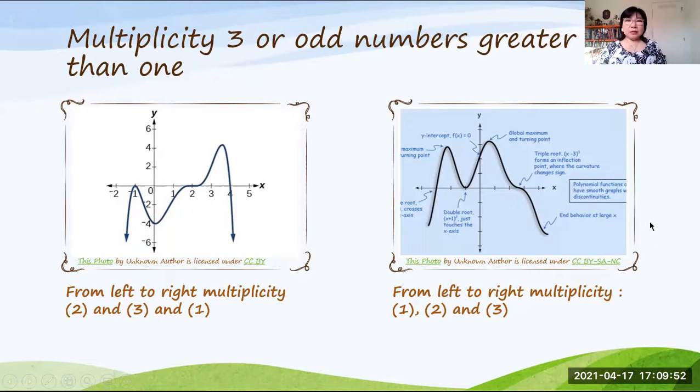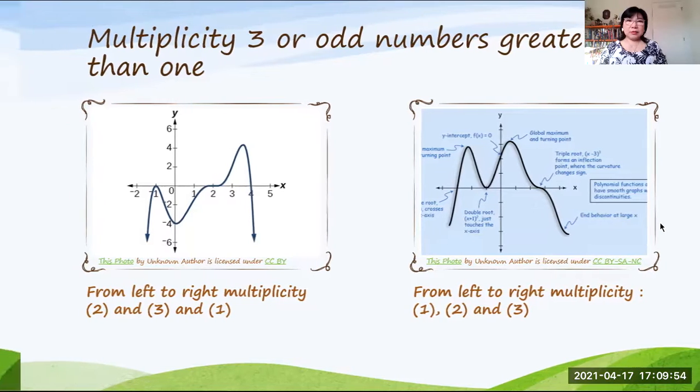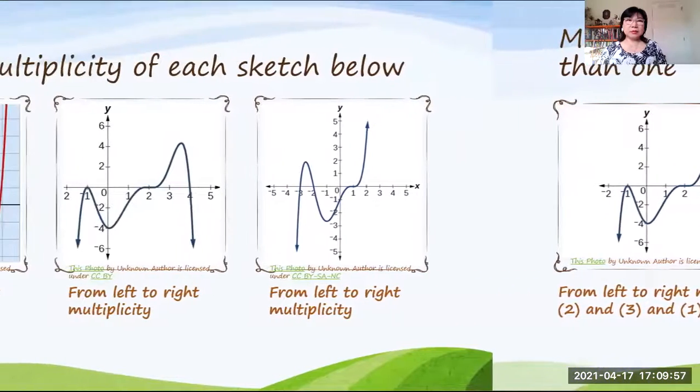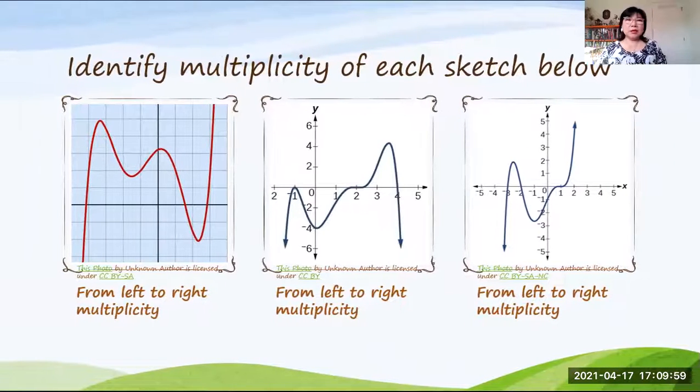So next one, here I show you the three graphs of the polynomial function. The first sketch is right here. We can see that this sketch is different from the other ones. If you notice, the function starts from quadrant 3, and then it goes up. It doesn't touch the x-axis.